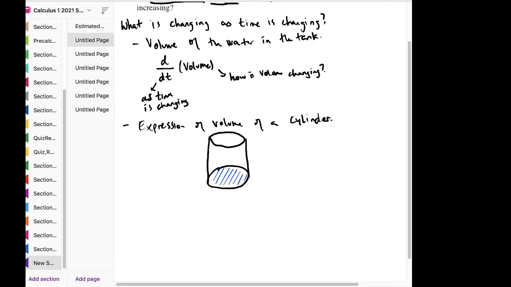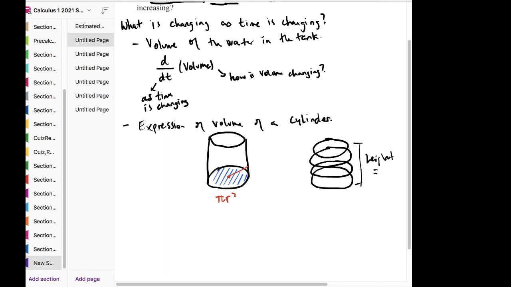The area of the circle is pi r squared. How I like to imagine it is like, I always think of CDs, but those aren't really a thing anymore. But if you stack CDs up, the number of CDs is the height, and the area of each CD is pi r squared.